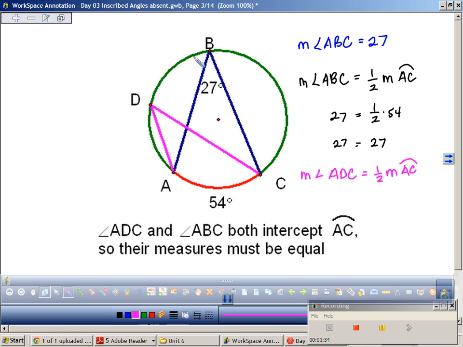So it doesn't matter. I can have any inscribed angle inside of this circle. If they share an intercepted arc, they're going to be congruent. So the measure of angle ADC is going to be half of the measure of arc AC, which is 54, which is 27. So that angle is 27 degrees as well.